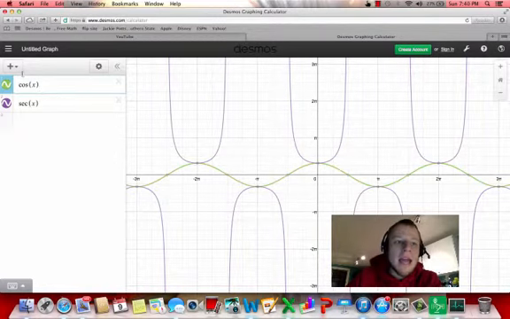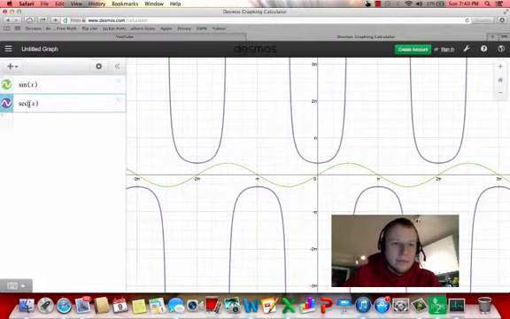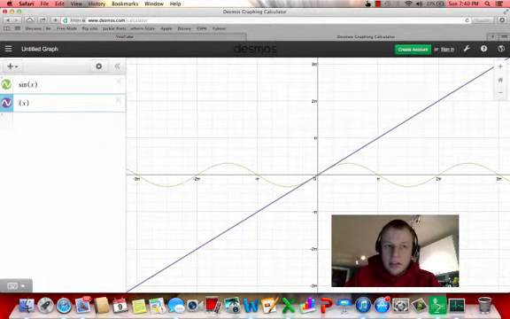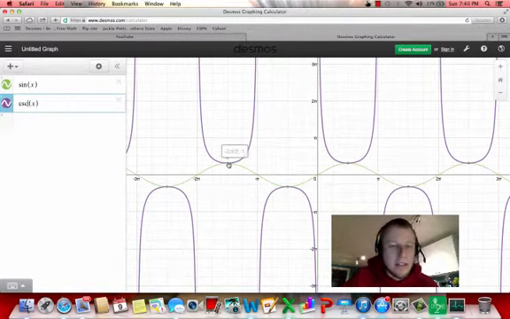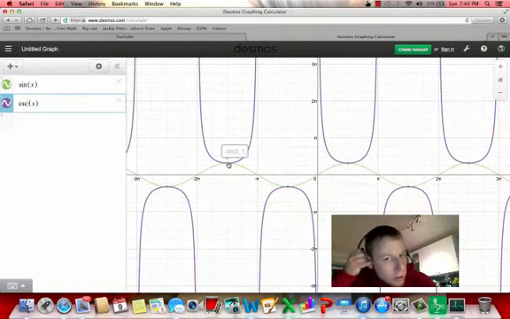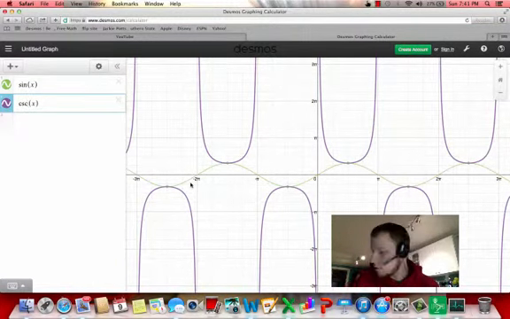The same thing happens when we deal with sine and the inverse of sine, which is cosecant. It does the exact same thing. At 3 pi over 2, negative 3 pi over 2, 1 is the minimum, and it comes up here. And then 0 is the asymptote, pi is the asymptote, 2 pi is the asymptote, basically where sine crosses our x-axis.